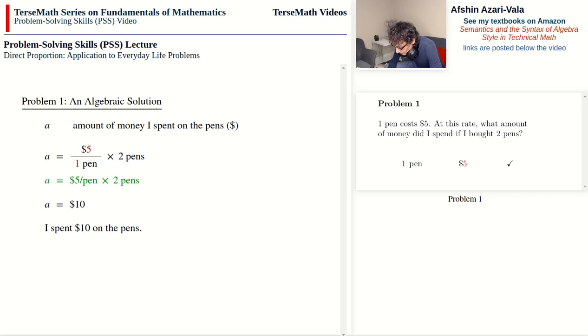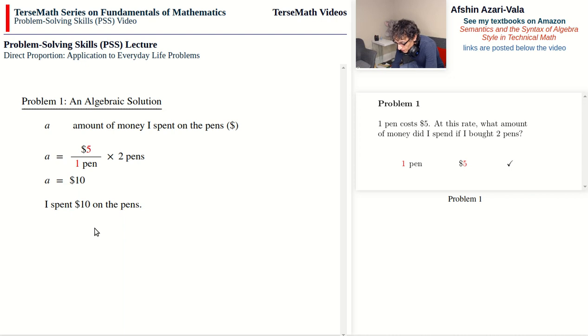Okay, so let me get rid of the green, and here you have it. So this is the way it should look. All right. Now to work this out, you can always divide 5 by 1 and then multiply by 2, or you can multiply 5 by 2 and then divide by 1.